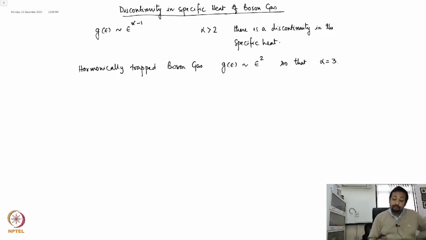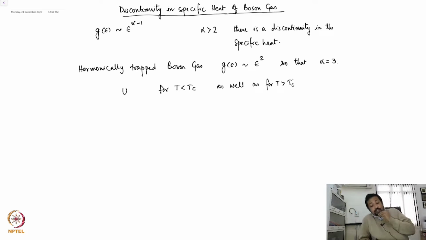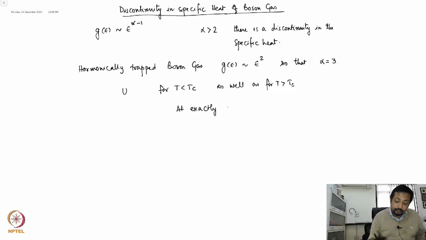Consequently, we calculated the specific heat both by determining the internal energy U or E. We will use this notation interchangeably for T less than Tc as well as for T greater than Tc, and we saw that the two results are not the same at exactly T is equal to Tc.